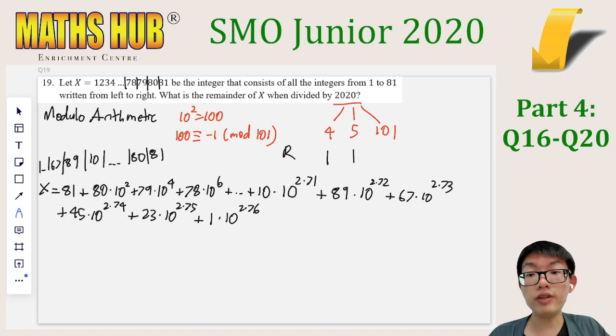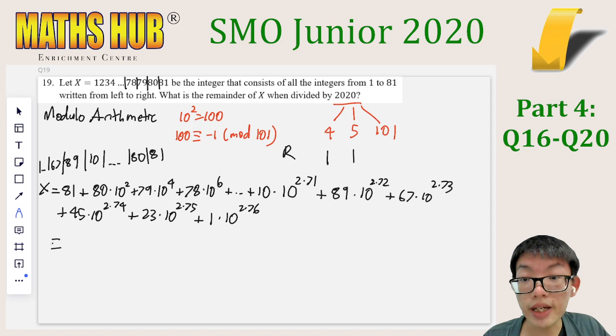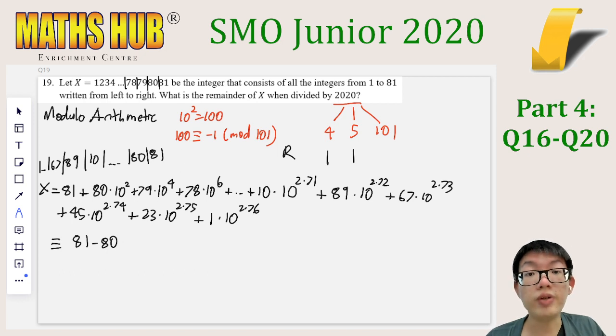So let me show how this would work. Every time we see 10 squared, we can replace it by -1. So it will be 81 minus 80. 10 to the 4 is 100 squared, so it is now -1 squared. So plus 79. Now 10 to the 6 is 100 cubed, so it is -78.